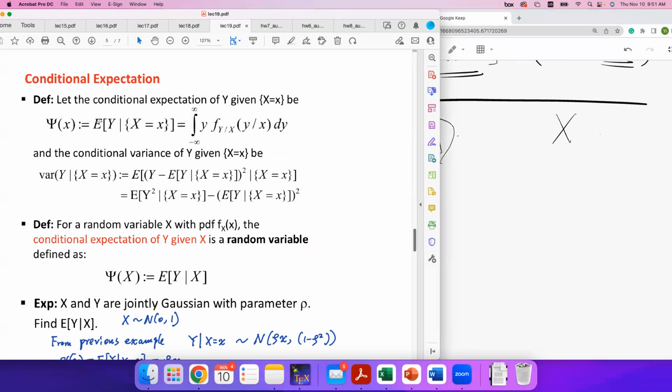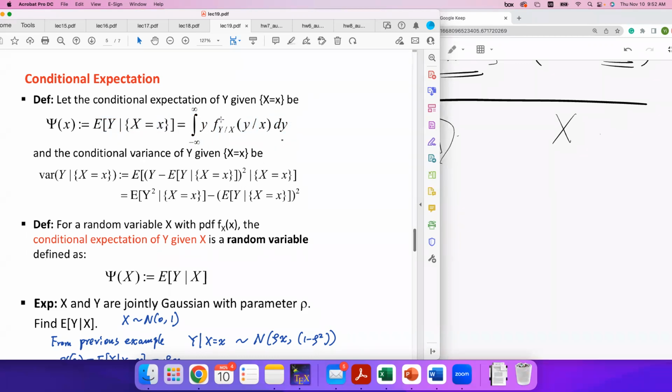Because following this definition, once you condition on a certain realization of x, it will affect your conditional PDF. And after you compute this entire integration, you are integrating over y, so y goes away. So this entire result will depend on this realization x.